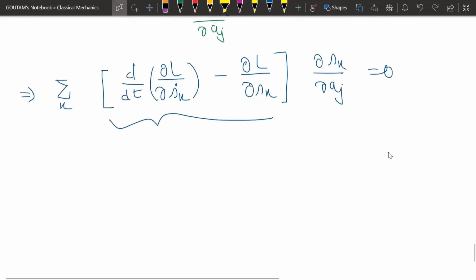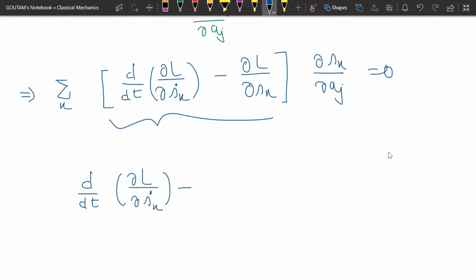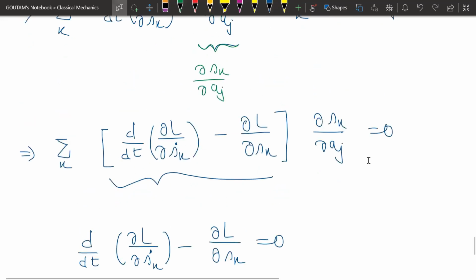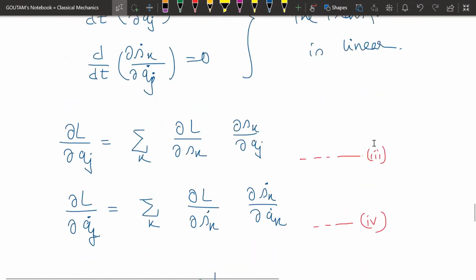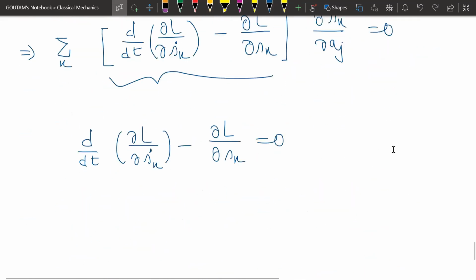So we will get ddt of del L del sk dot minus del L del sk equals 0.